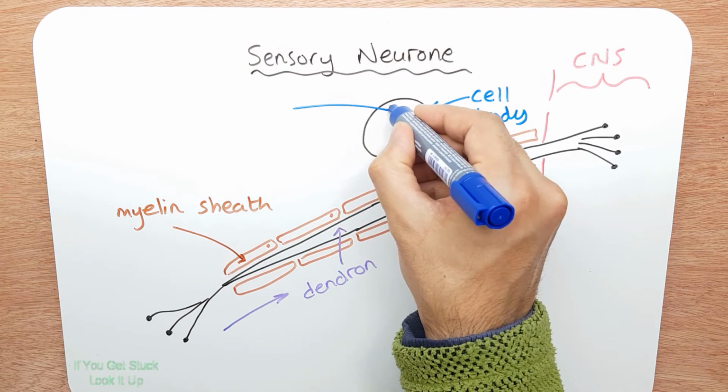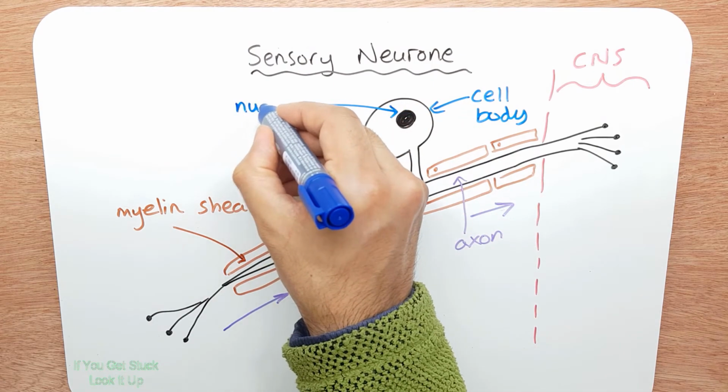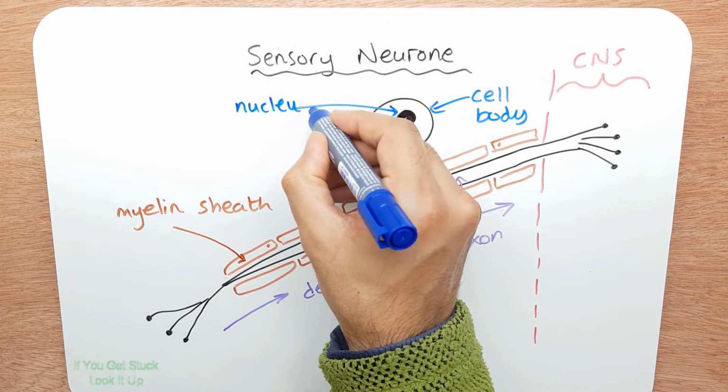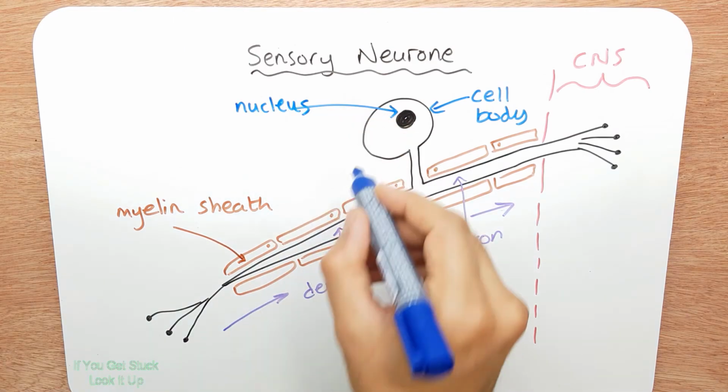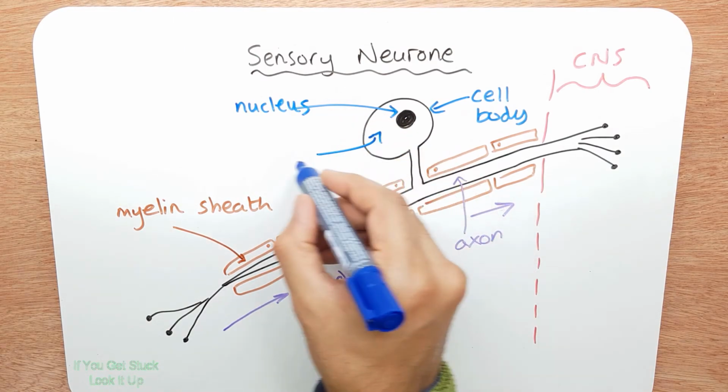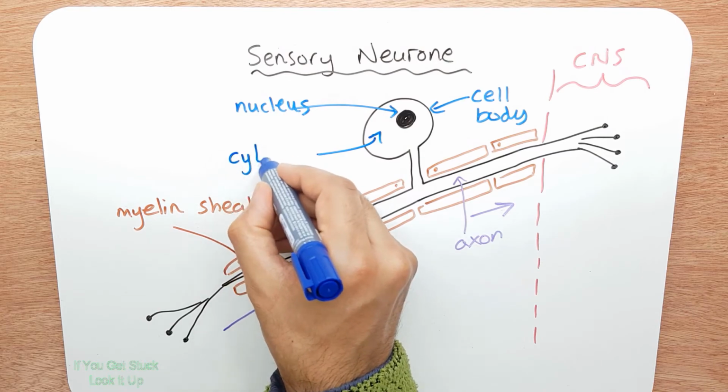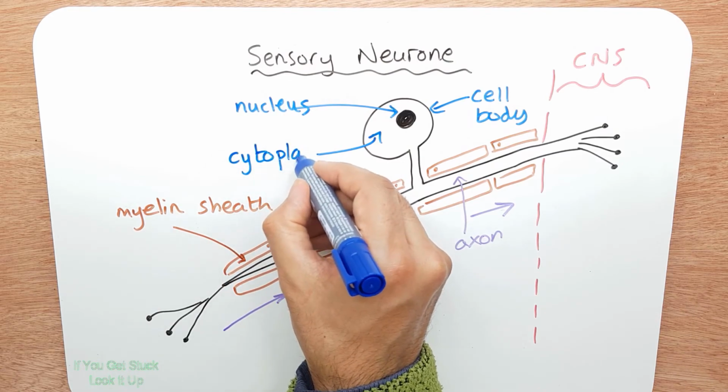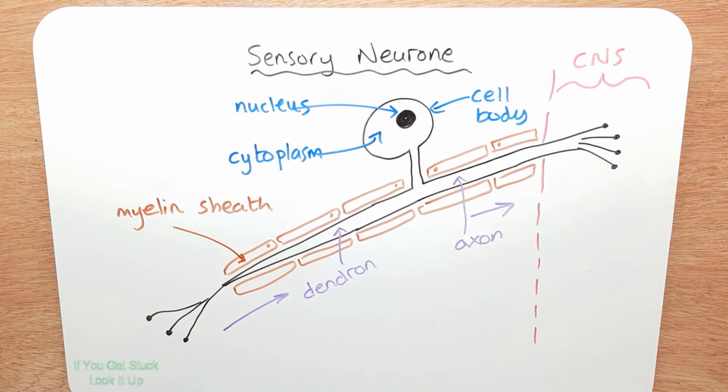That there is your nucleus. And inside you have your cytoplasm. And that's the overall structure of the sensory neuron you need to remember.